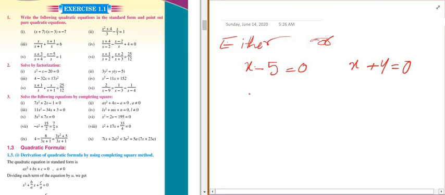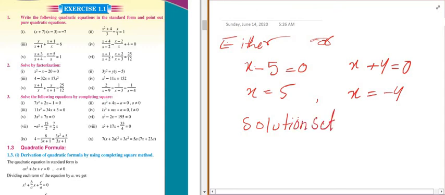This becomes x equals 5, x equals minus 4. So the solution set is 5 and minus 4. Clear?